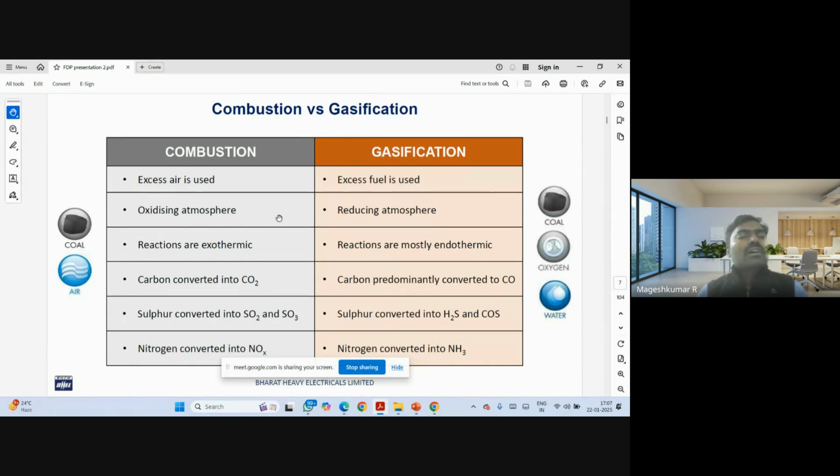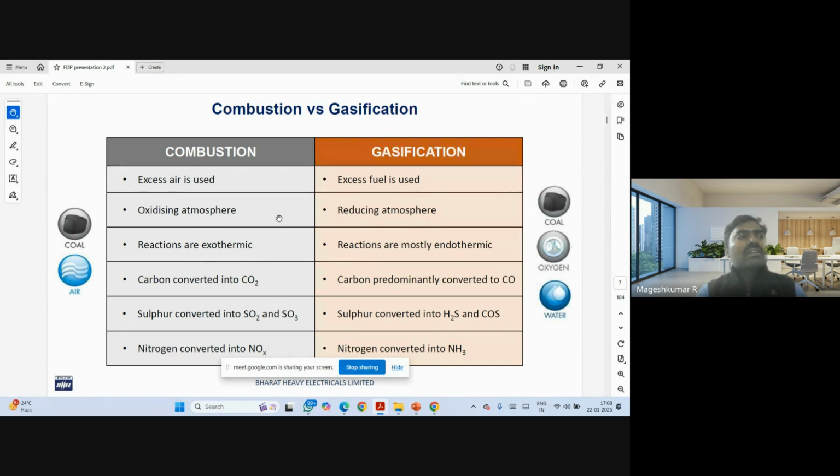In normal thermal power plants, the coal is taken and excess air is provided such that it is completely burned in the presence of heat, completely combusted to produce an exothermic reaction, and that energy is utilized to heat the water, and in turn the heated steam is used to run the turbine to produce power. This is what ideally happens in a thermal power plant.